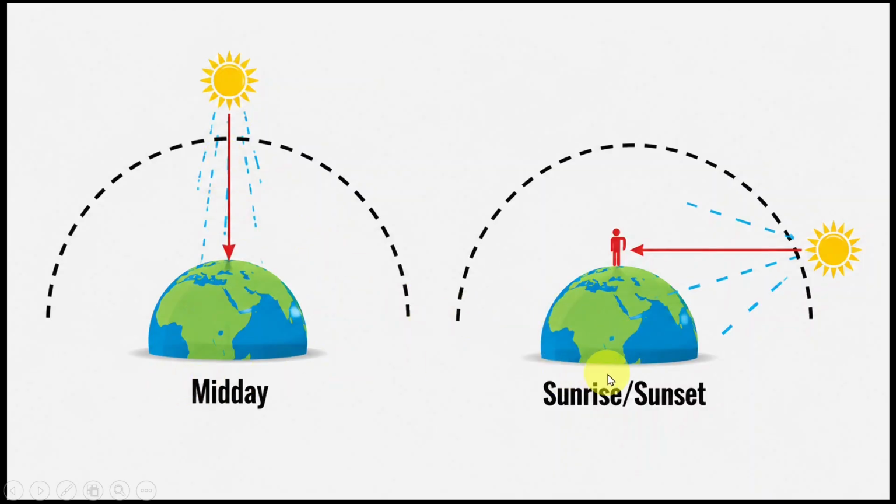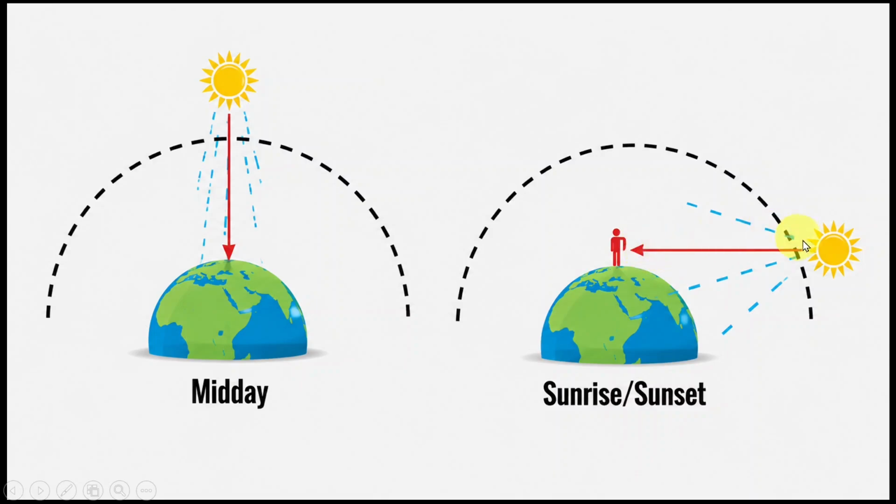But during sunrise and sunset, have you noticed that if you look at the horizon, the sun will be red in color, and you can safely look at the sun? Why is it possible? The reason is the distance it takes those rays of light to travel from the sun to the atmosphere.